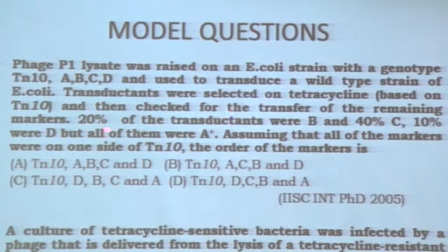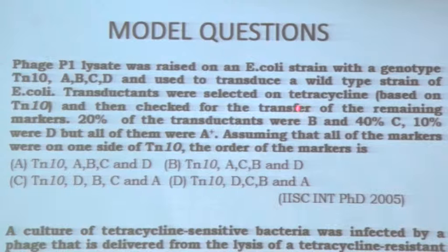What was the result? That 20% of the transductants were B. Whatever the total number of tetracycline resistant strains were there, out of them 20% were B, 40% were C, 10% were D, but all of them were A plus.